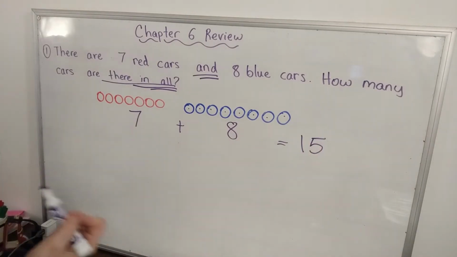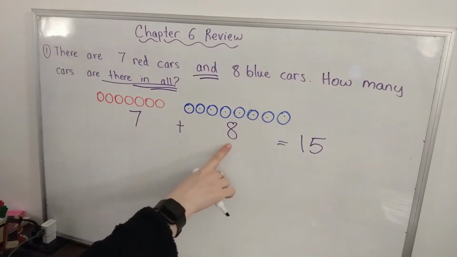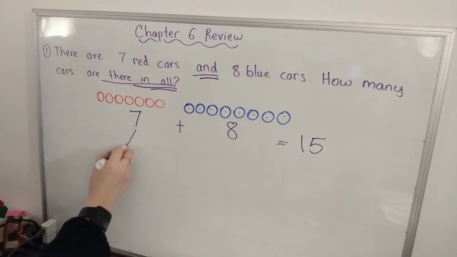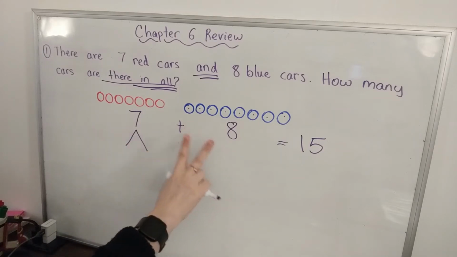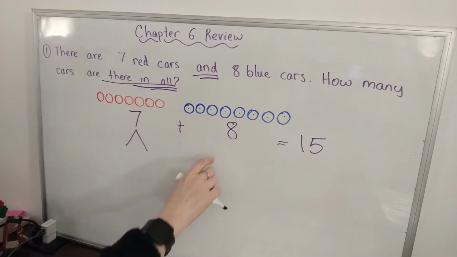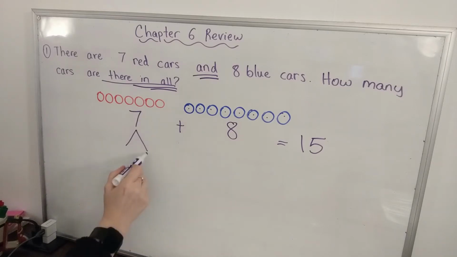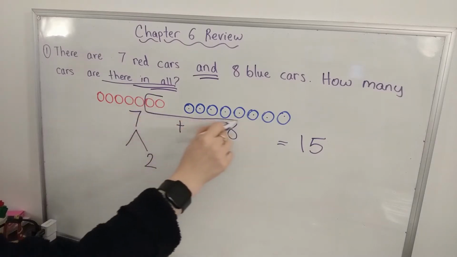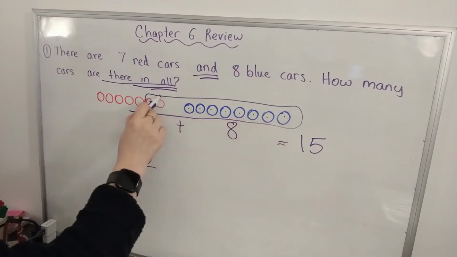Now, if we wanted to use our think 10 strategy, I would use the bigger number and I would say, how many more does 8 need to get to 10? I know 8 needs 2 more to get to 10. 8, 9, 10. So I'm going to take the 2 from the 7 and I'm going to give it to that 8.